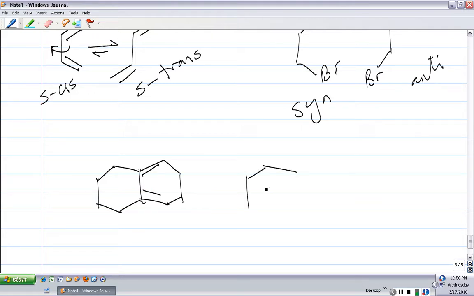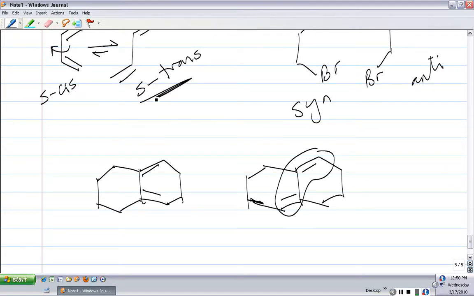On the other hand, this isomer of this ring system is Diels-Alder inactive, because even though it is a diene, the diene is in the S-trans conformation, and it cannot get out of it, because the bridged ring system is locked, and I cannot rotate the system out of it. So this is a diene, but it's Diels-Alder inactive, Diels-Alder inert. This is a diene, but it's Diels-Alder active because it is in the S-cis conformation.